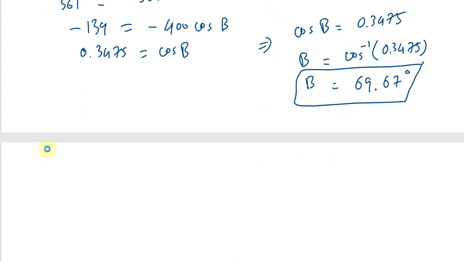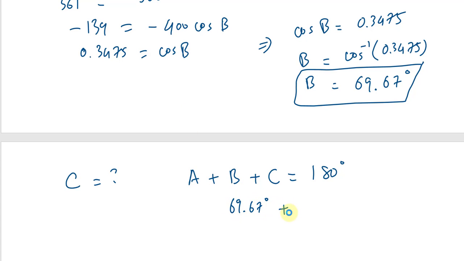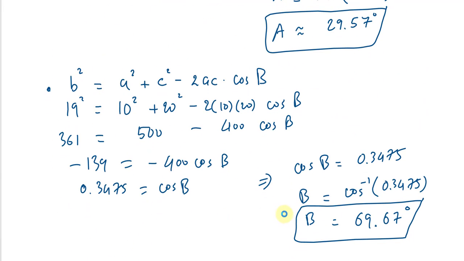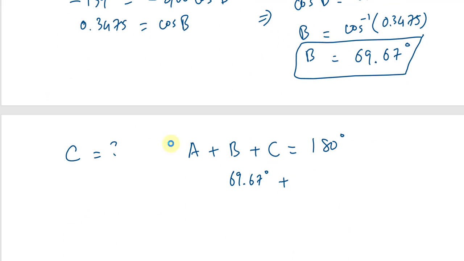The last one is C. How do I find C? We know that all the angles of the triangle add up to 180, and we know that B is 69.67 and A is 29.57.